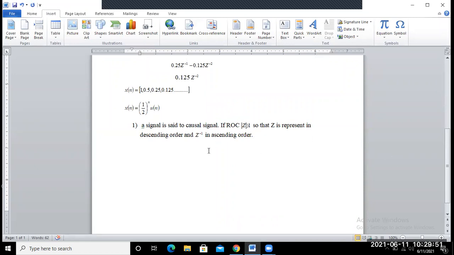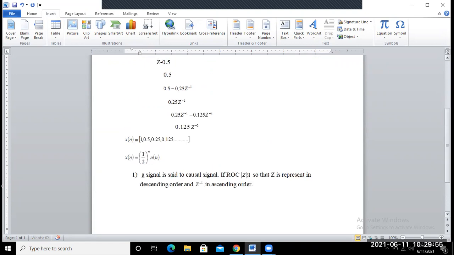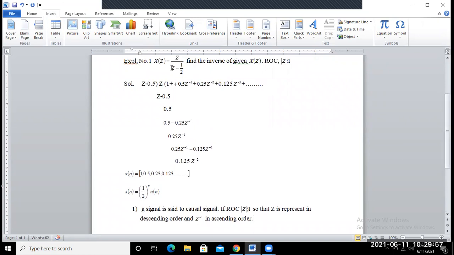So this is a statement. Maybe verify from this how we can represent it here. That means Z divided by Z minus 1 by 2. Since this ROC, magnitude of Z is greater than 1, represent the Z expression in descending order.